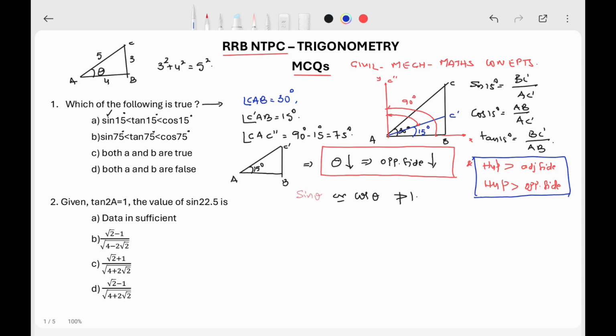This is another principle. Please remember this. I am explaining the theory first. Sin 15 is equal to BC dash by AC dash, which is less than 1, implies BC dash is less than AC dash.